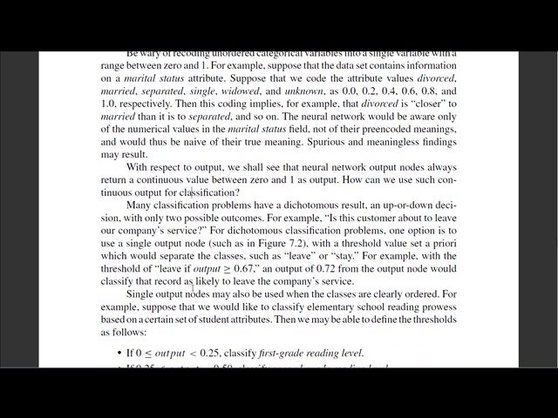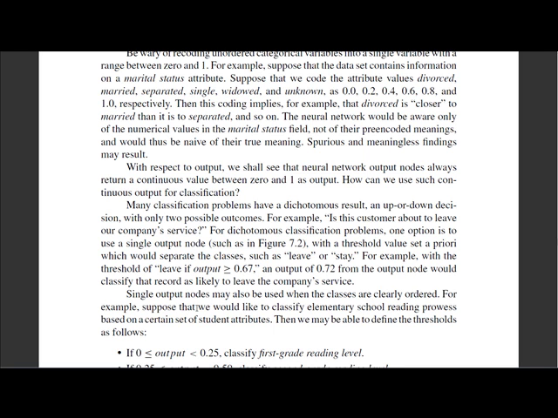Many classification problems have a dichotomous result, an up or down decision. So that was the example that we saw: either the person earns more or less than $50,000. Here's another example: is this customer about to leave our company's service or not? So that's dichotomous.